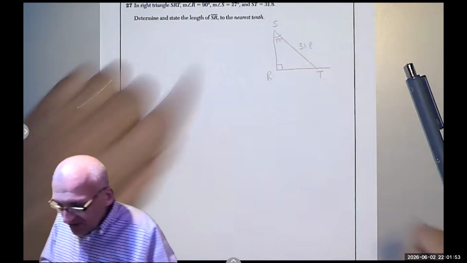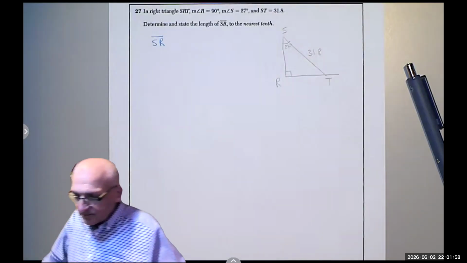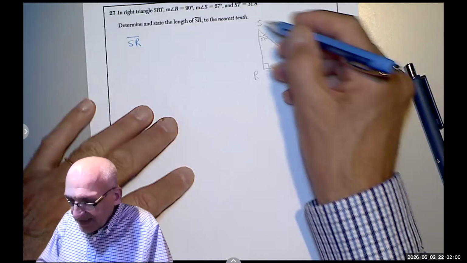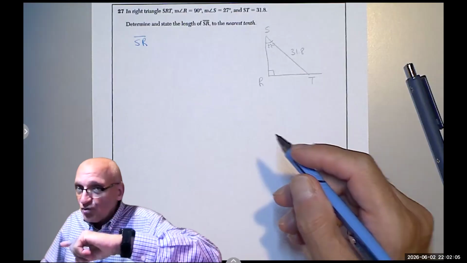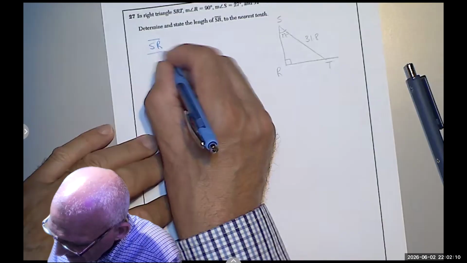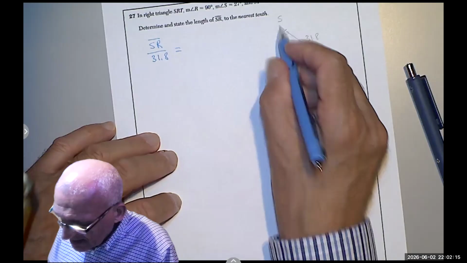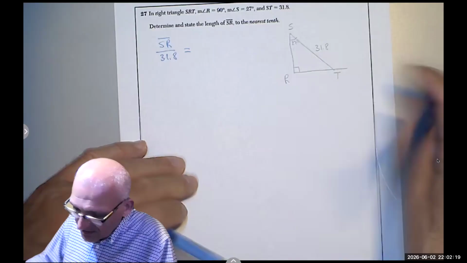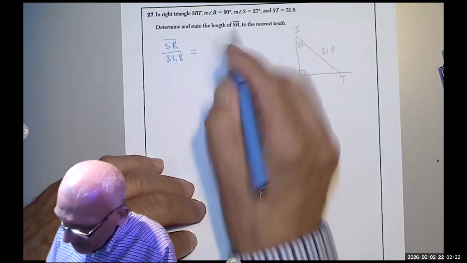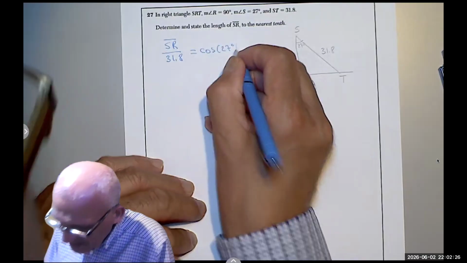They want the measure of segment SR. See, ST is the hypotenuse, and SR is the adjacent. So all that comes to your mind is adjacent over hypotenuse. So SR divided by 31.8 equals the cosine of 27 degrees, because cosine is adjacent over hypotenuse.